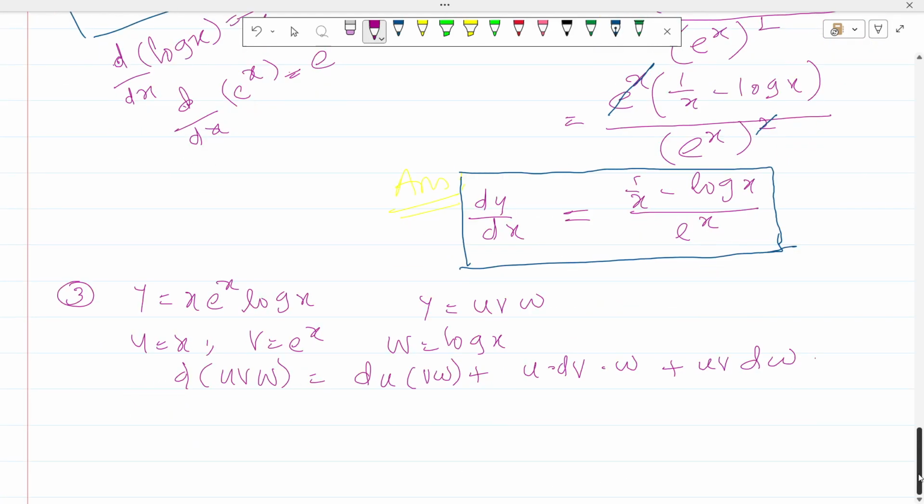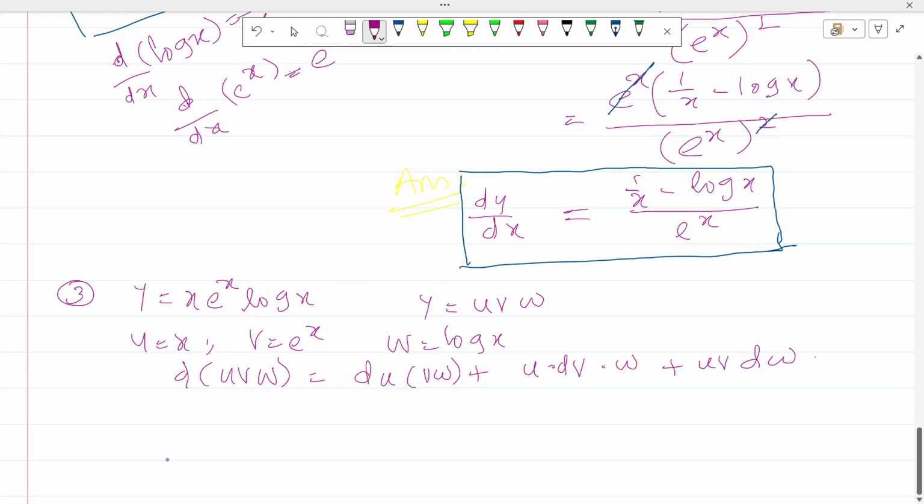That's all. So differentiation of this function x e power x log x is, first you differentiate x. You know what is differentiation of x? d by dx of x, simple, cancel upper and down, that means 1.